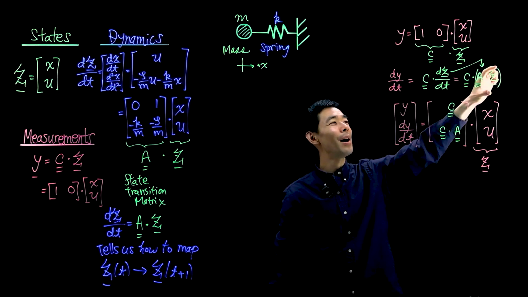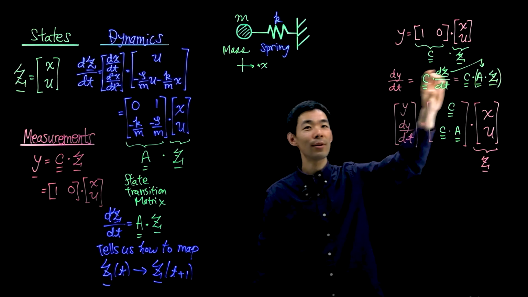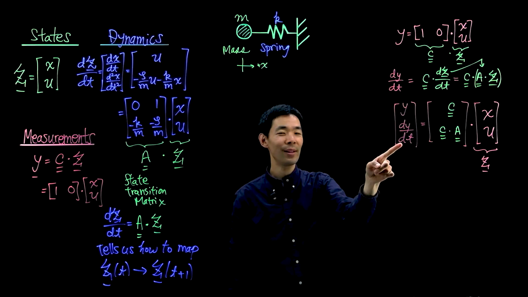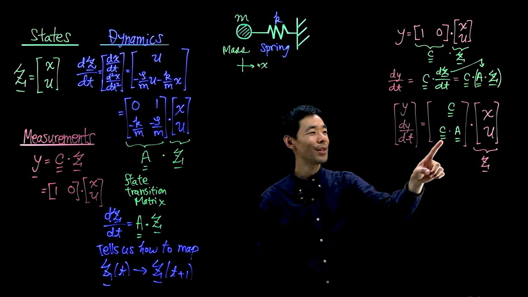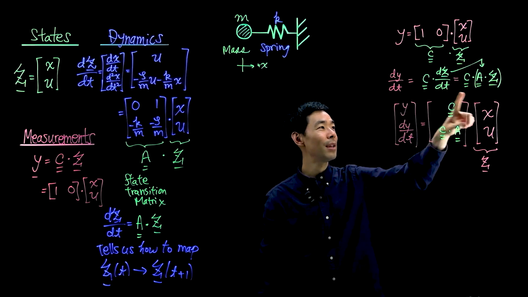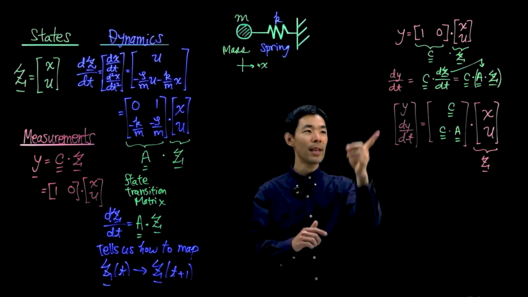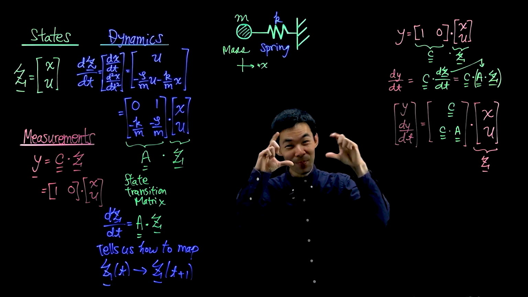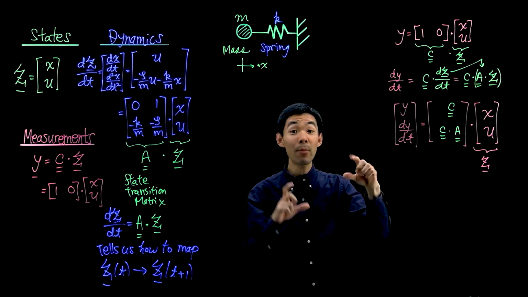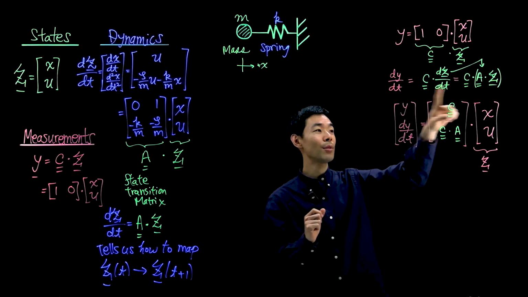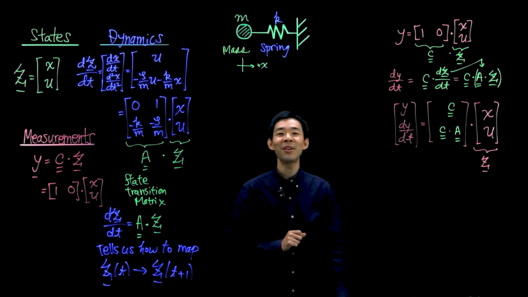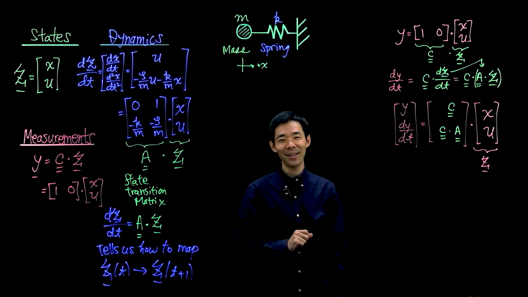And the bottom entry, your time derivative, I put in the second row, is equal to c times a, which we have right here, times z. All I've done is take your measurements of a single picture in time, and the time derivative of that picture is equal to this linear algebra operation on the right-hand side.